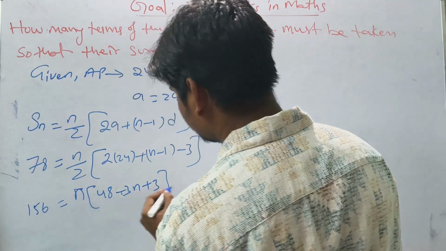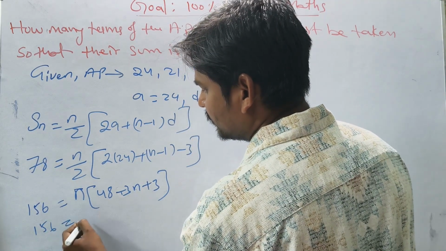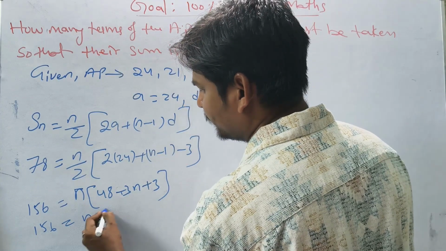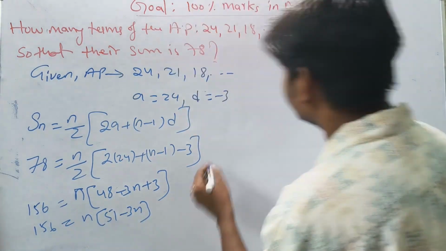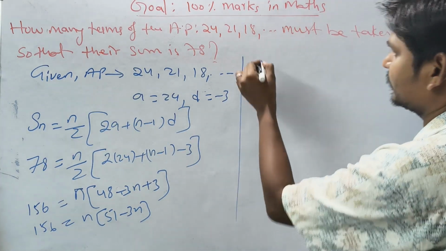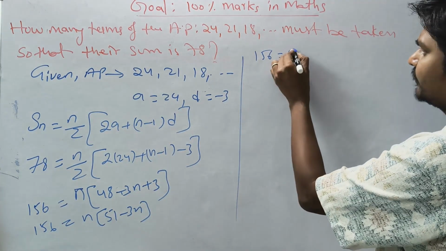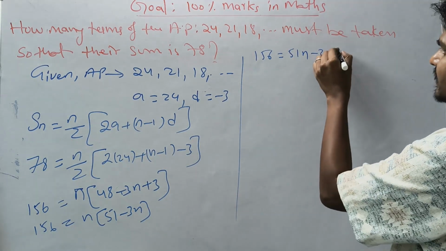Now from this, 156 is equal to 48 plus 3, 51. So n into 51 minus 3n. Now I am solving here: 156 is equal to 51n, now n into minus 3n, minus 3n square.